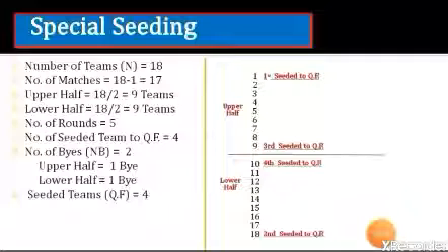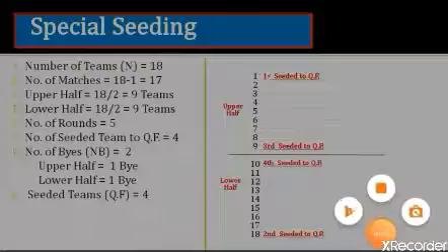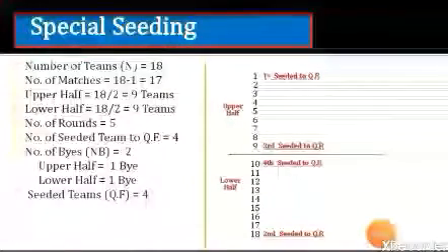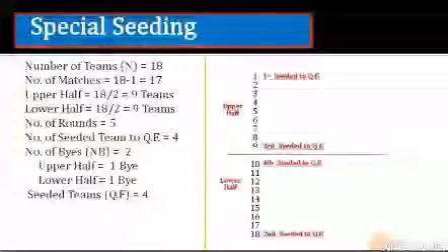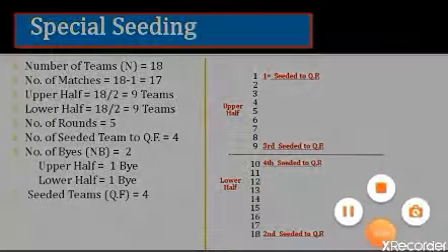After that we give the byes to the teams according to the bye procedure. There are 2 byes to be given, because in the first round there are 14 teams, and to keep the teams in a power of 2 according to the knockout rules, there is a requirement of 2 byes.